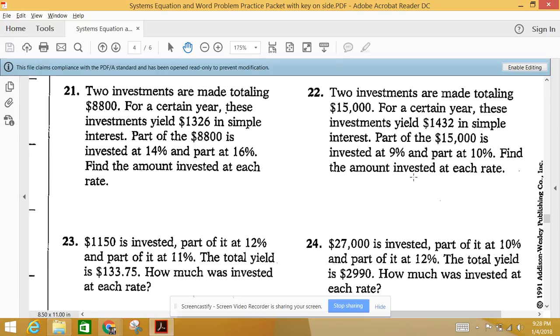And now that you're back, let's do 23. So we are investing $1,150, part of it at 12% and part of it at 11%. Total yield is $133.75. How much was invested at each rate? Well, there were two different investments. They totaled $1,150.